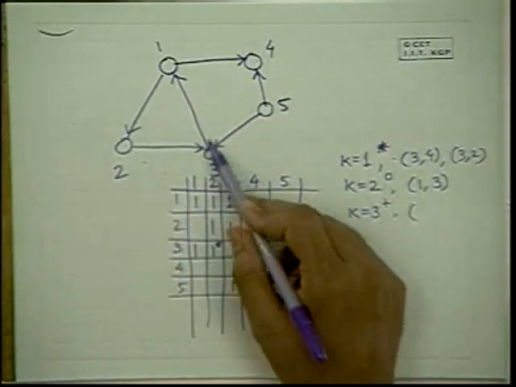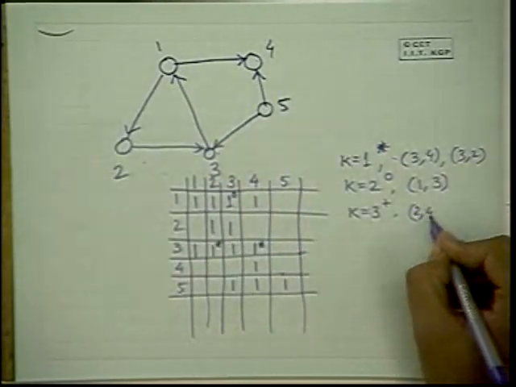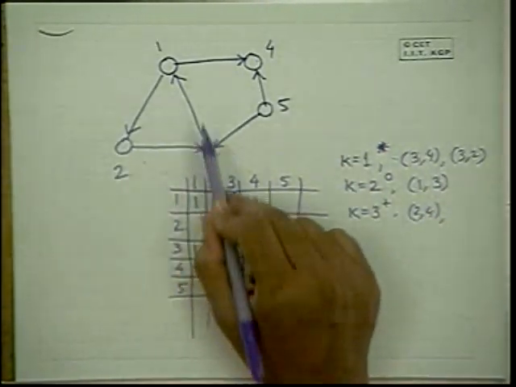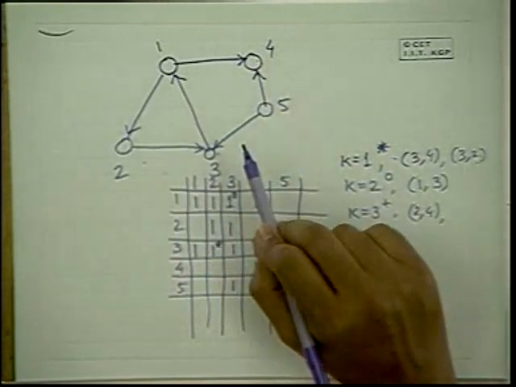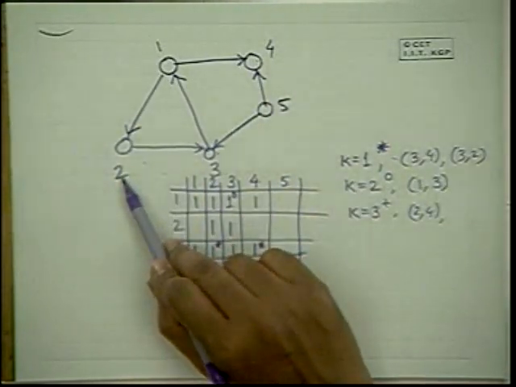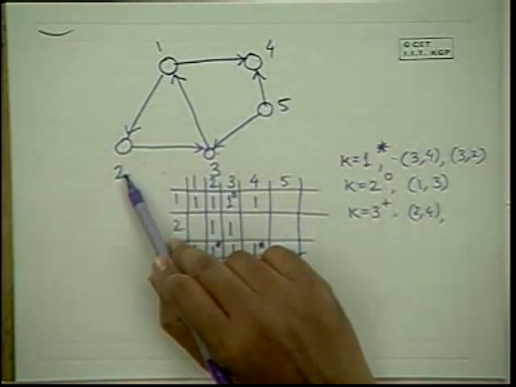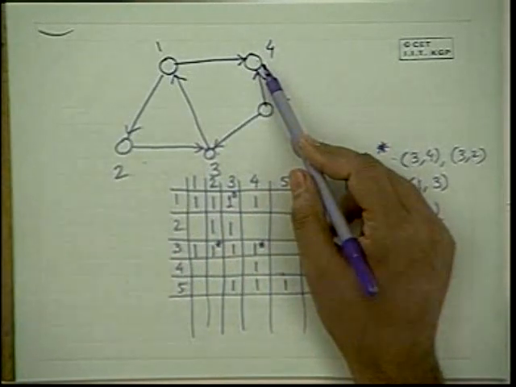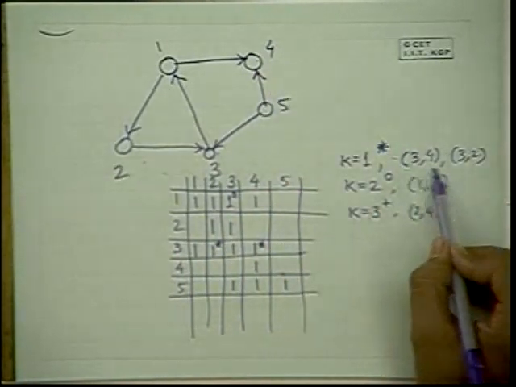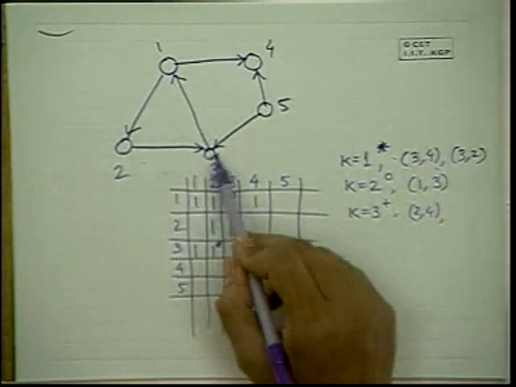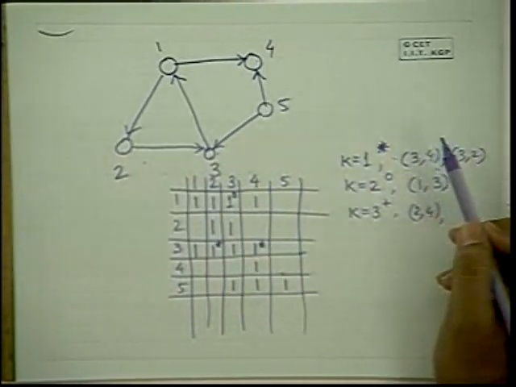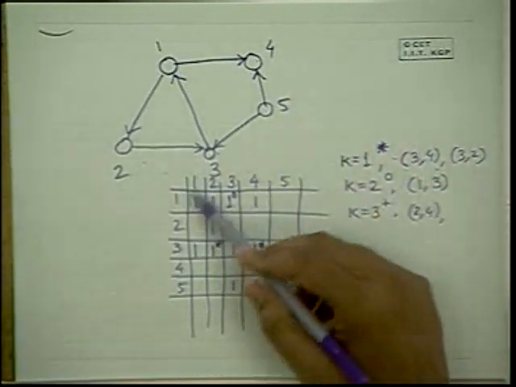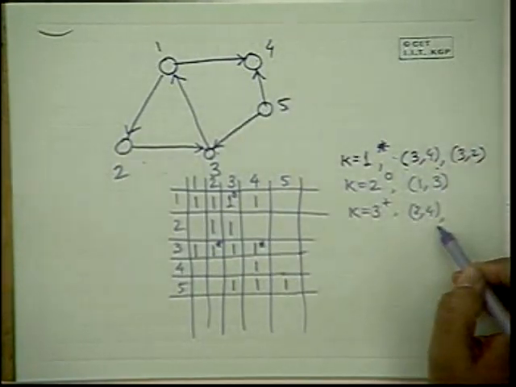This is valid because already you have a path between 3 to 4, since 3, 4 has been set here. And already 2 to 3 there is an edge. So d23 is already 1, d34 is already 1, which means d24 should be 1. So that's why you have found 2 4.